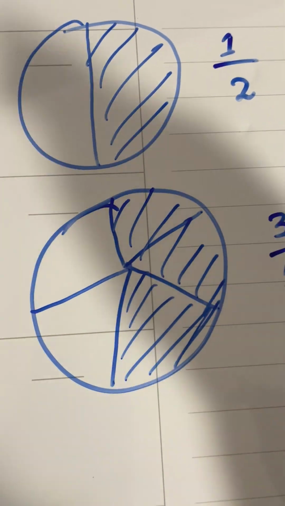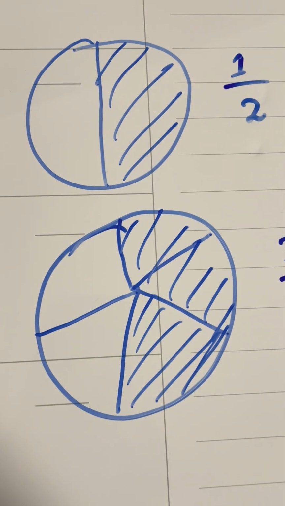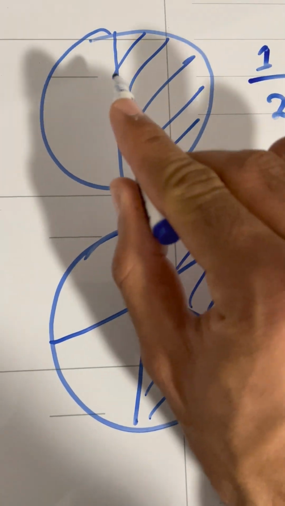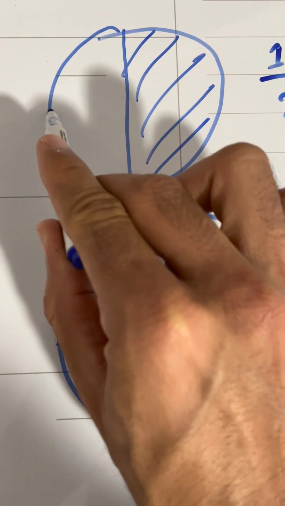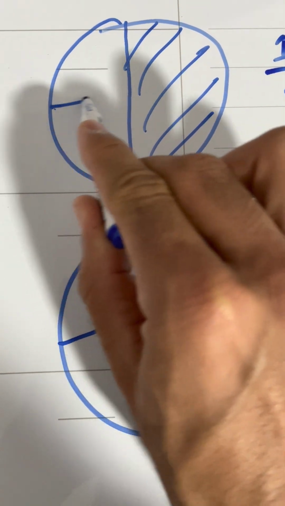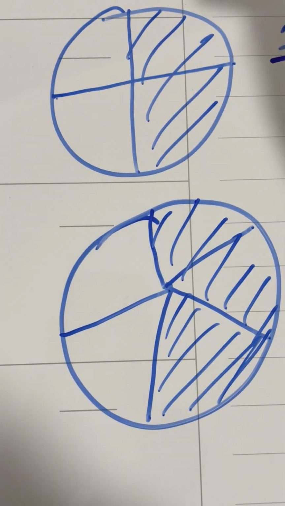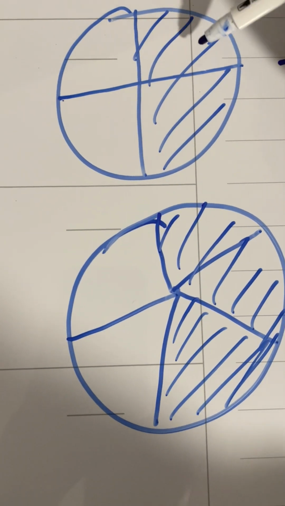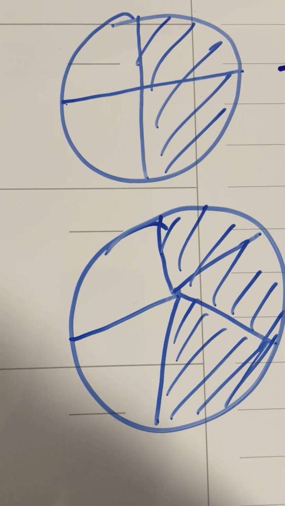Let's jump back to the first one for a second and see, instead of having only 2, if we divide it into overall 4 parts, we can still see that its shaded parts are 2 out of 4.